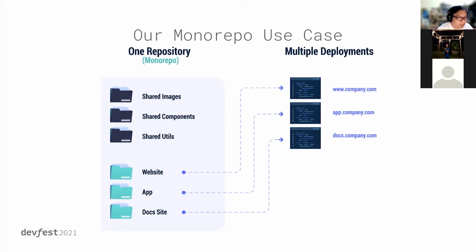Each of them has their own code base or workspace, and then we put it in a single repository, in a monorepo. And backend and front end will have separate deployments as well. They don't run on the same server. So front end is a separate deployment.